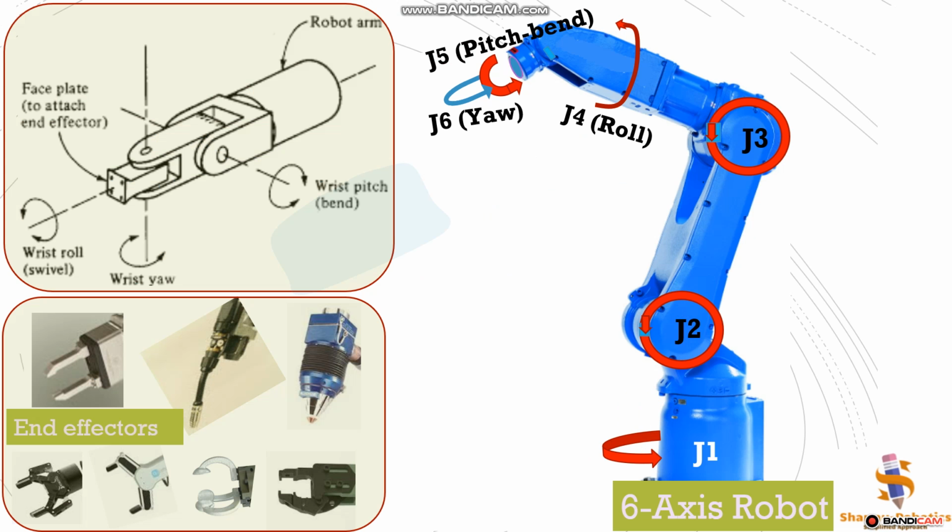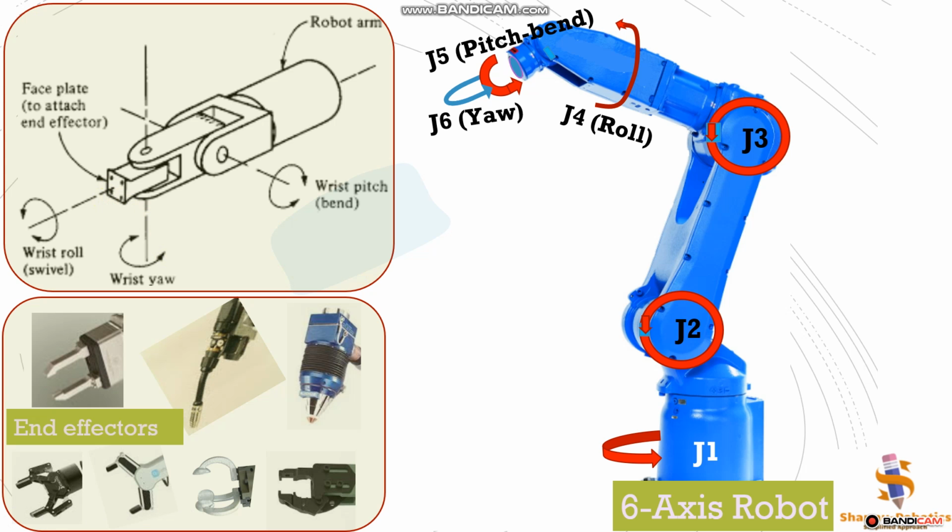Just like your wrist motion, the robot arm comes with all types of wrist actions: wrist yaw, wrist roll, wrist pitch, and in the end you can attach the end effector to the faceplate. This picture shows where you are going to attach your end effector.